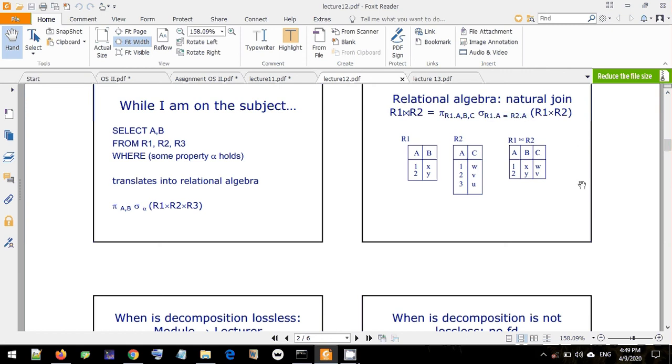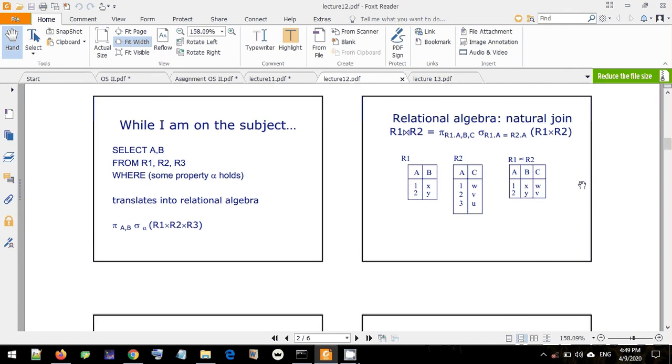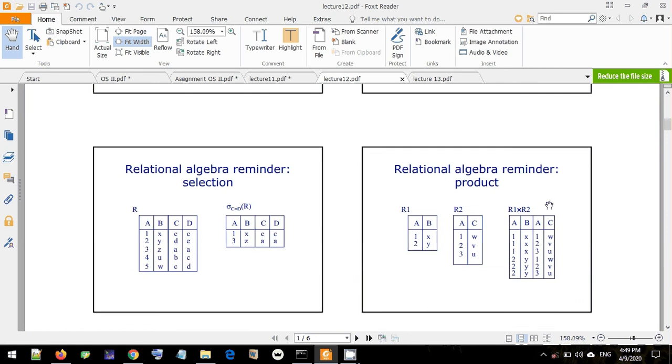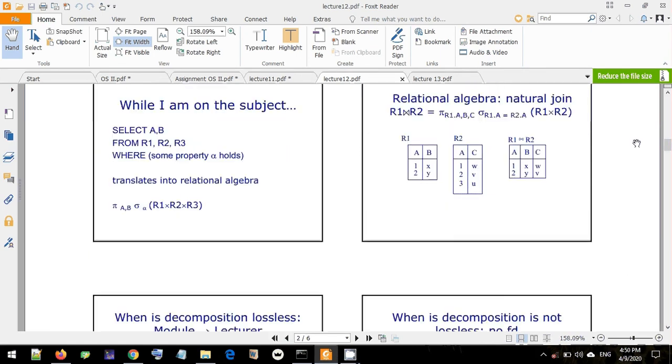What do we mean? First we perform the Cartesian product, which we just did above, and now we look at A. Here there is 1, here there is 1, the condition holds, so this tuple will be present in the resultant relation for the natural join.